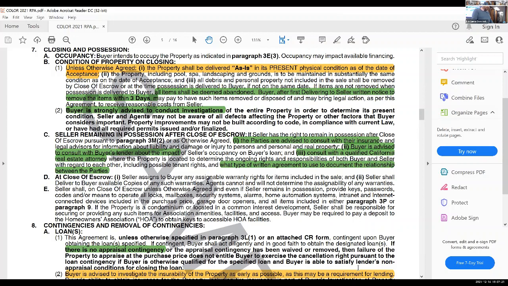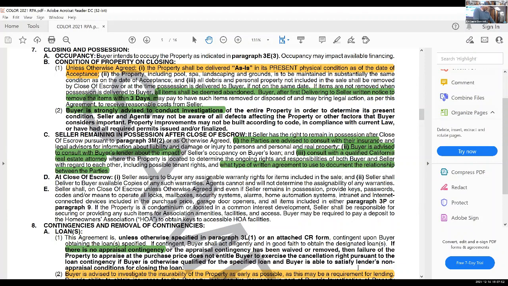If it's not, you have the final verification of closing conditions where you document any deficiencies. Are these a contingency? Depends on how egregious it is, right? If you're expecting a completed property and the seller thrashes the inside and all the walls are damaged and things are beyond normal, then a buyer may have second thoughts and may be able to cancel and get everything back in extreme senses.